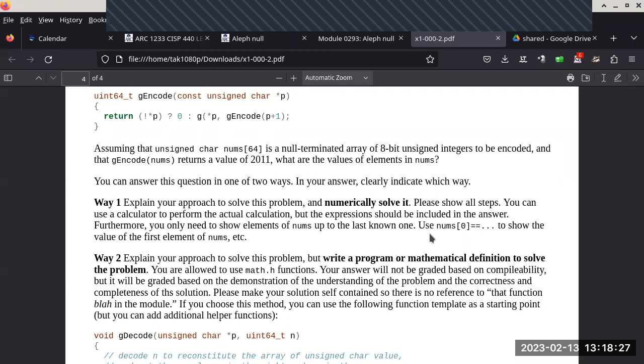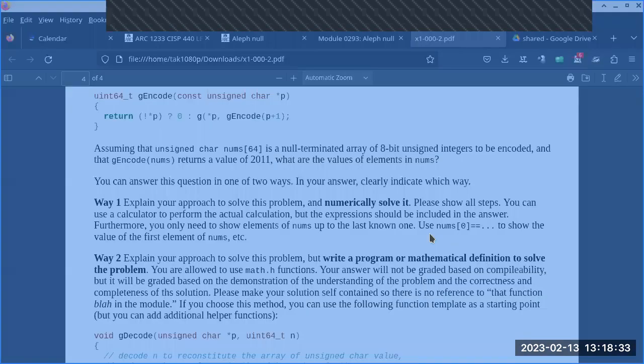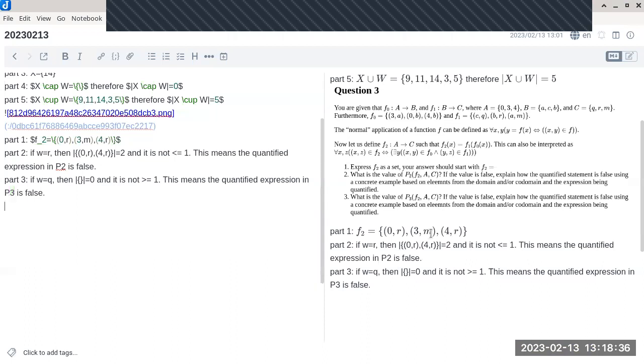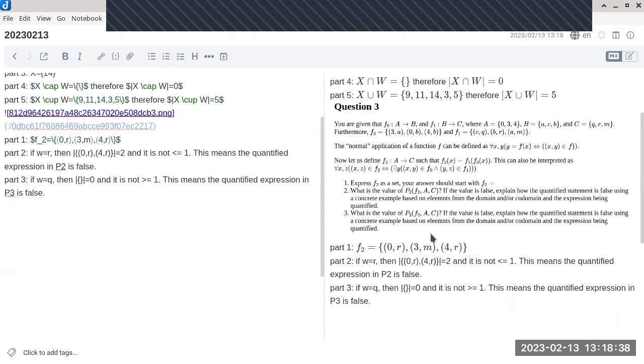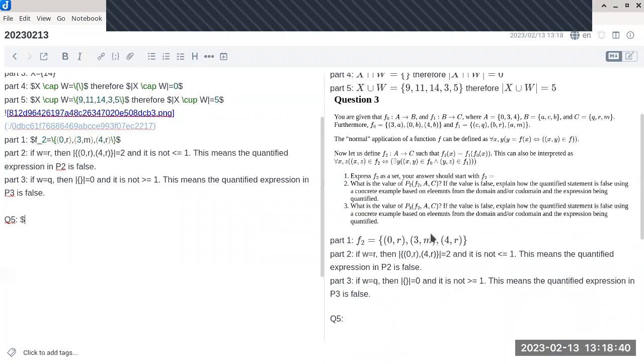So I'm going to show you in Joplin how we do this. This is for question number 5. The first thing you want to do is apply G inverse to 2011.